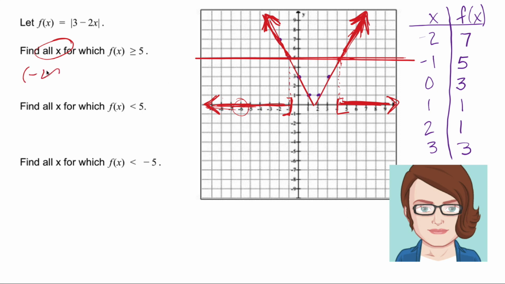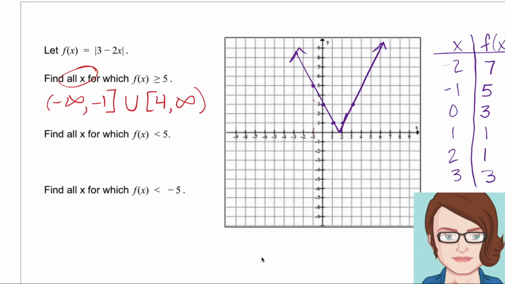We have negative infinity to -1, including, and then we have this gap. These values between -1 and positive 4 have outputs that are less than 5. They're underneath that horizontal line. And then we start back up at positive 4 and go all the way to positive infinity.